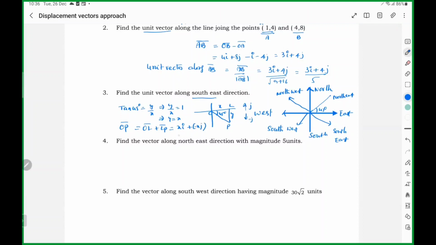What you have to find out is the unit vector, which is OP bar by mod OP bar. Here x square plus x square, root 2x. So the answer will be plus or minus i minus j by root 2, the unit vector in that direction. So only write plus.